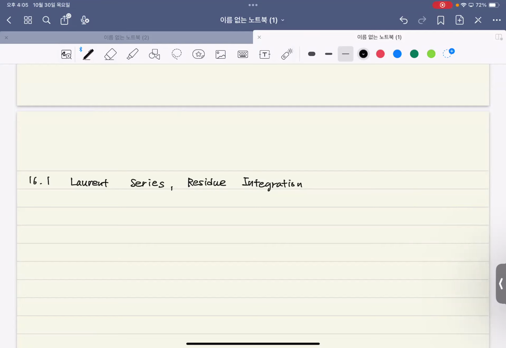And in order to do that, first we want to talk about series representations, not on a simply connected domain, but on some non-simply connected domain. More precisely, I want to find some series representation on an annular domain. In order to do that, we want to discuss the Laurent series.